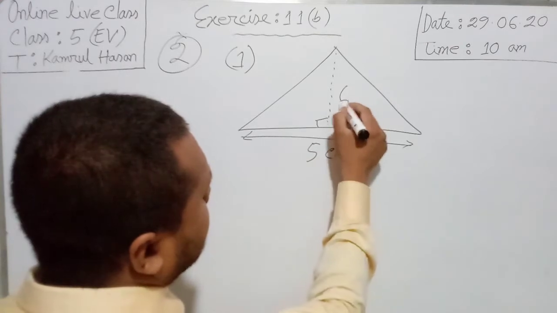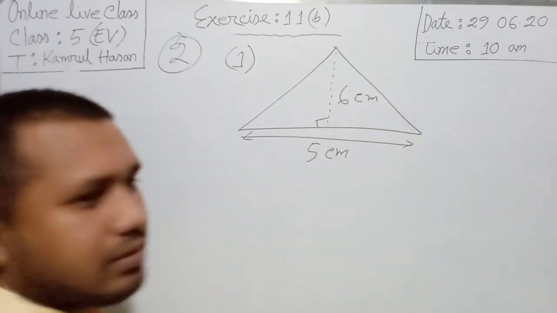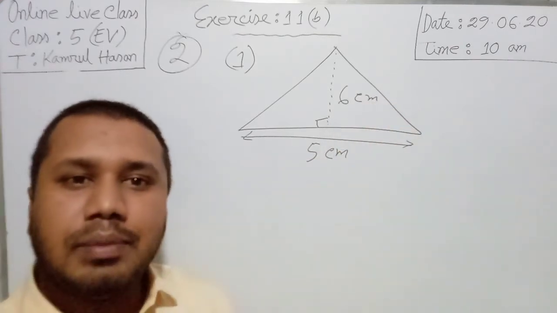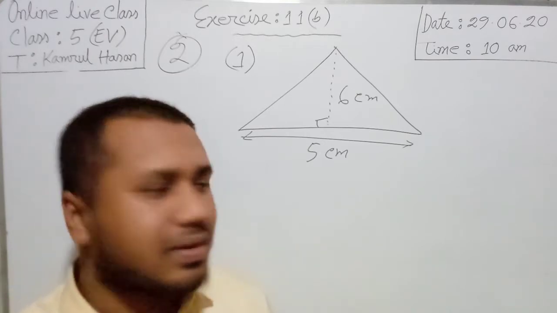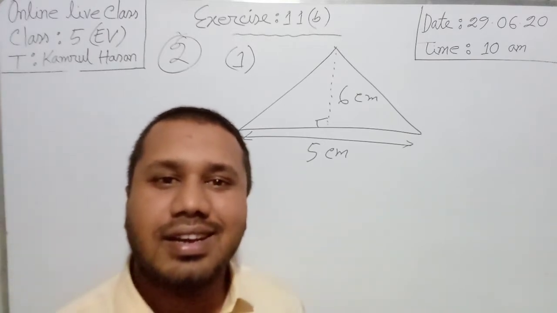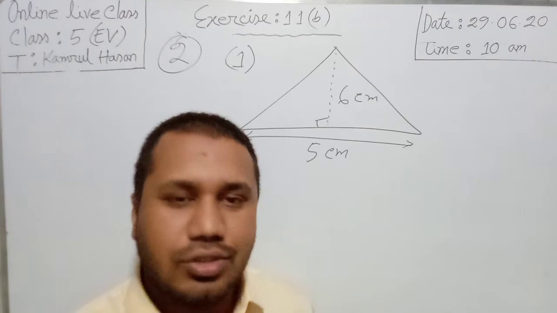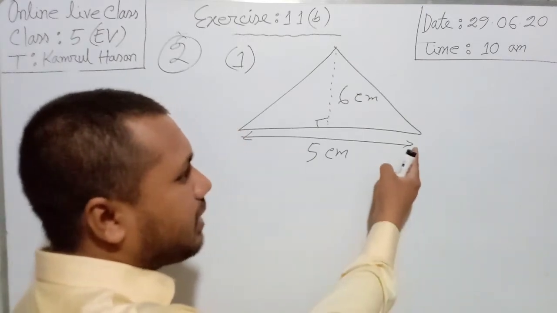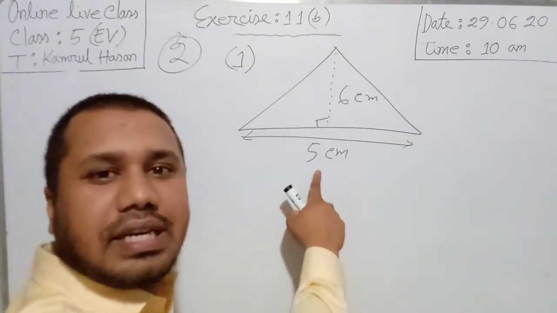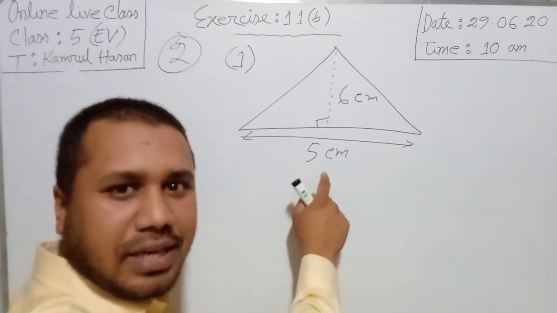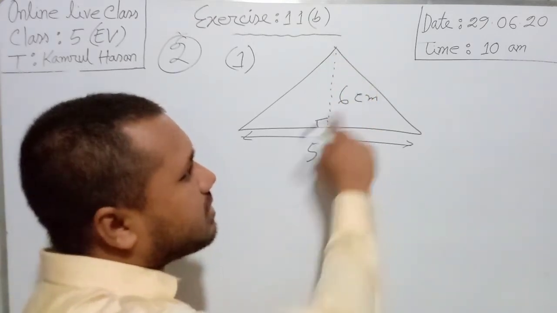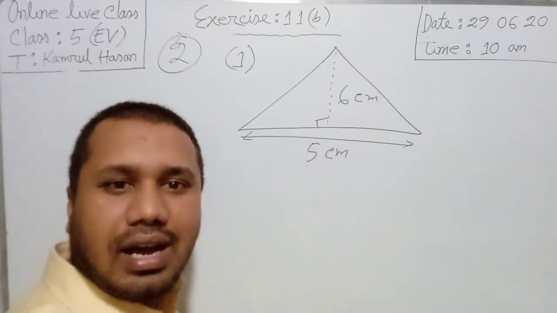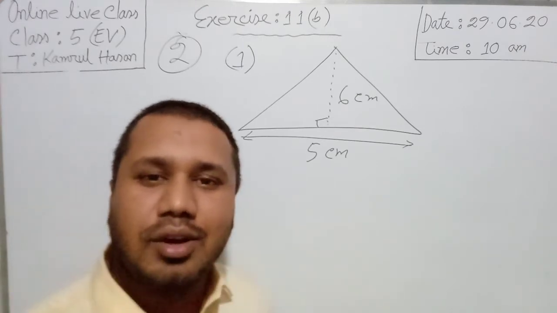Dear students, this is our given figure. So tell me, what is the shape of this figure? Yes, it is a triangle. So this 5 centimeter indicates the base of the triangle, and this 6 centimeter indicates the height. Now we need to find the area of the triangle.